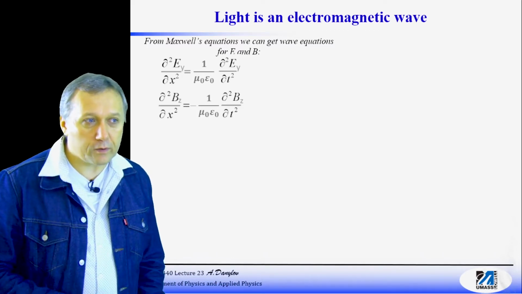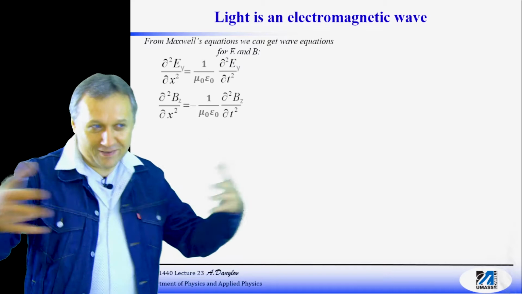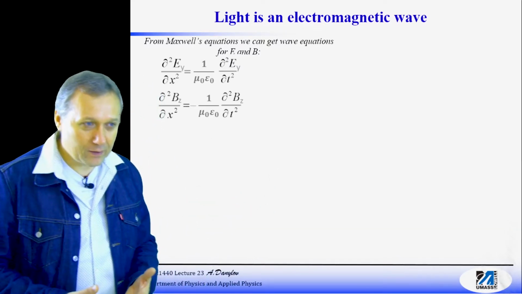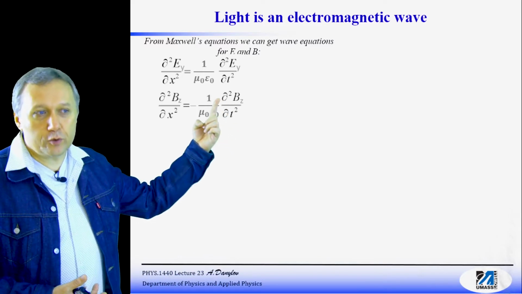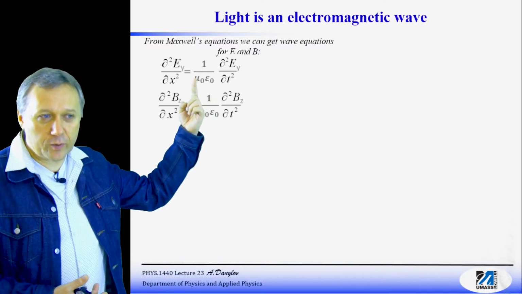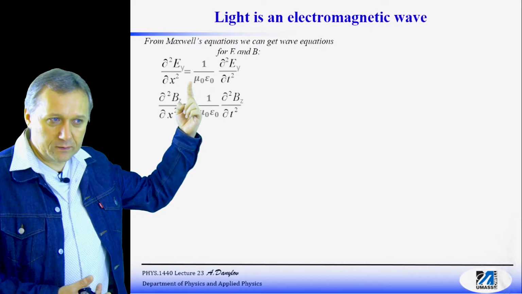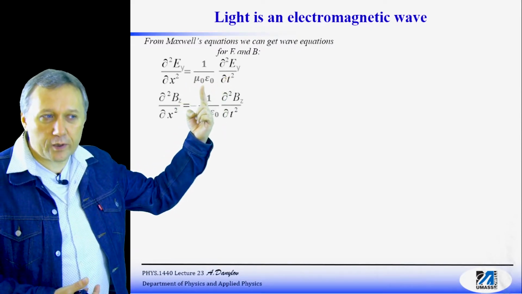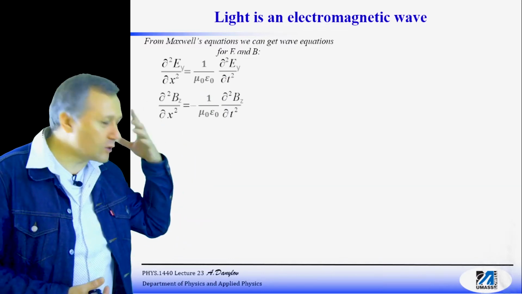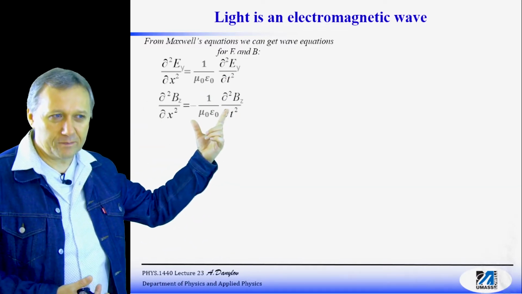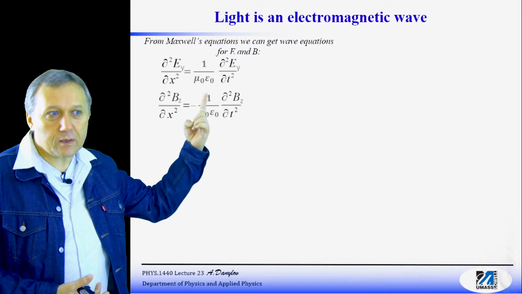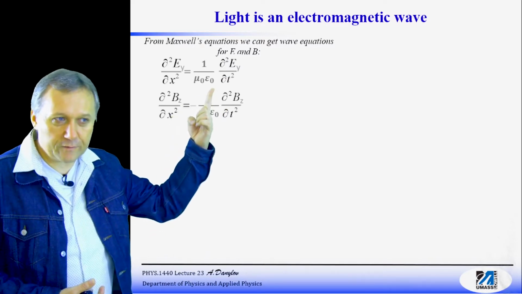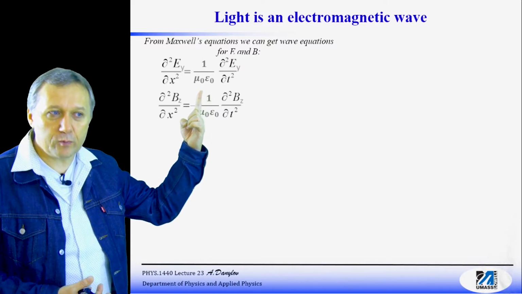And it's not over. Look, a number of times he was surprised. He also knew that in an equation like this, the factor in front of the time derivative is the square of the speed of the wave. So this wave and this wave have the same speed, because the factors are the same, 1 over mu naught epsilon naught.